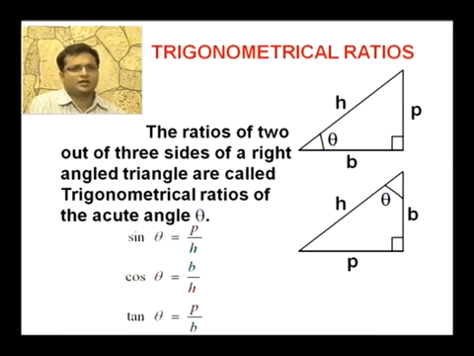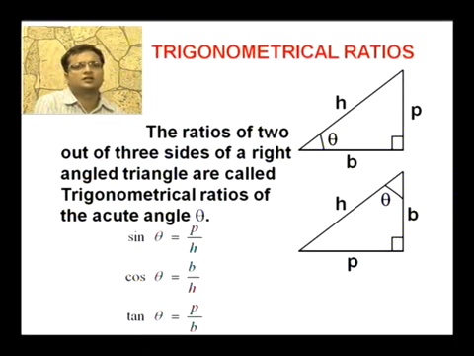In trigonometry, there are 6 trigonometrical ratios: sine, cos, tangent, secant, cosecant, and cot. So, what are the trigonometrical ratios? The ratios of 2 out of 3 sides of a right angle triangle are called trigonometrical ratios of the acute angle theta.